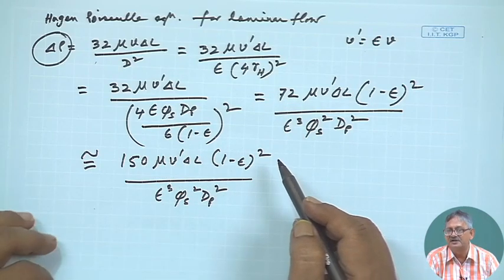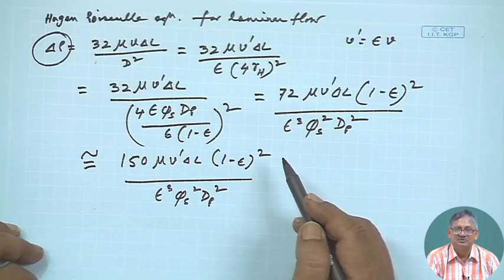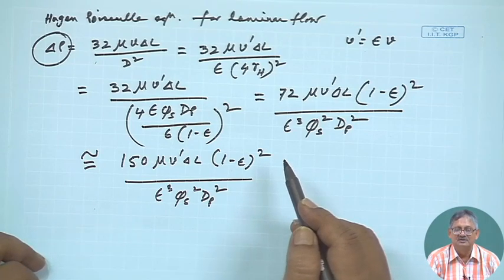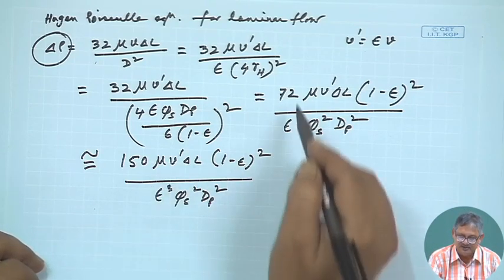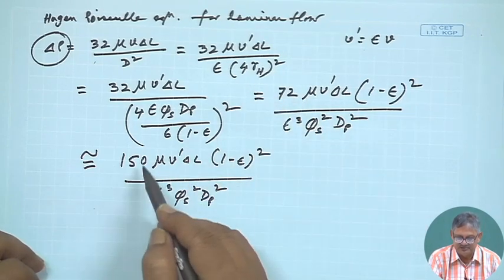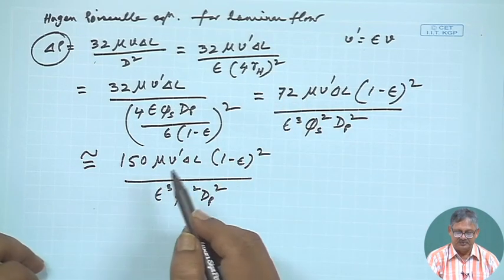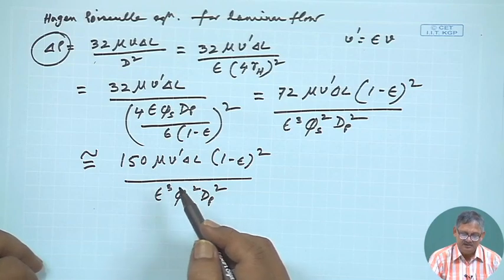That is, the prediction is much closer to the actual delta P. That is why this 72 has been replaced with 150, right.